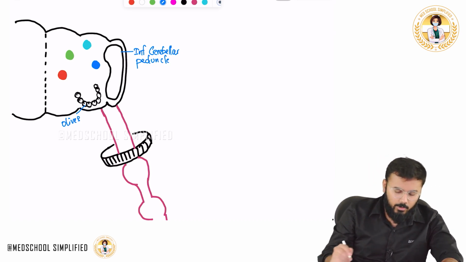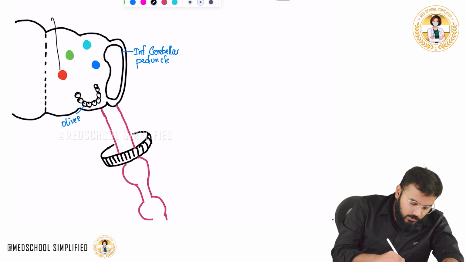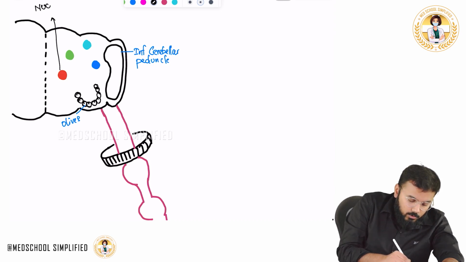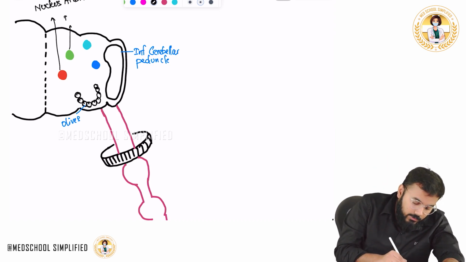So how many nuclei are there here? We have four important nuclei. Let us write down their names. This one is called the nucleus ambiguus. The second one is your inferior salivatory nucleus.